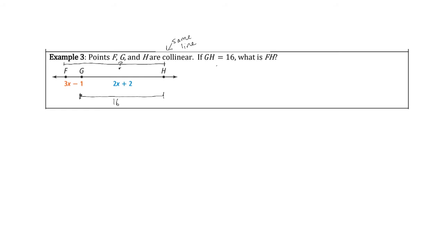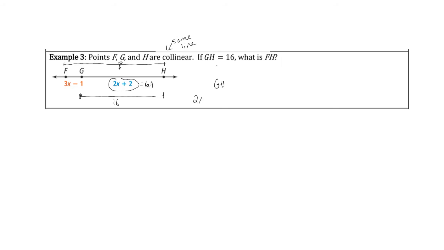Okay, now we're given GH is also equal to this right here. So this also equals GH. So if we know 16 equals GH and 2x plus 2 equals GH, that means we can set them equal to each other.